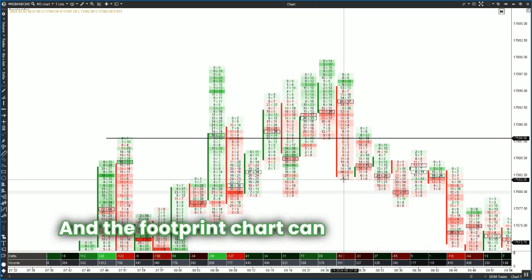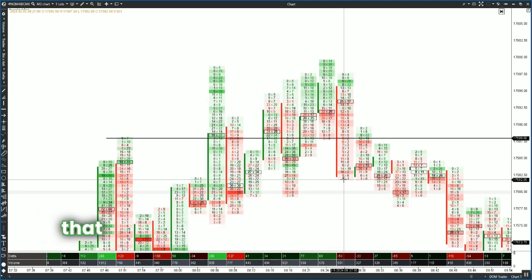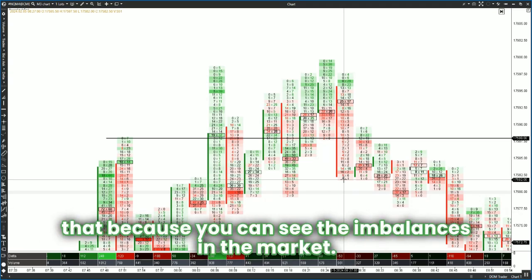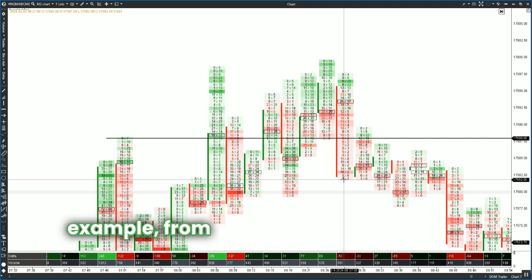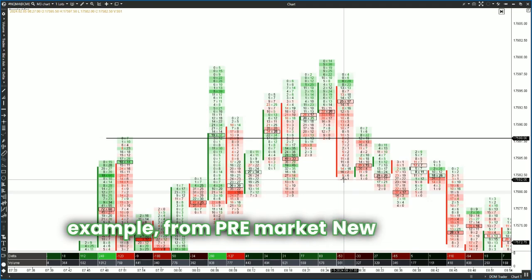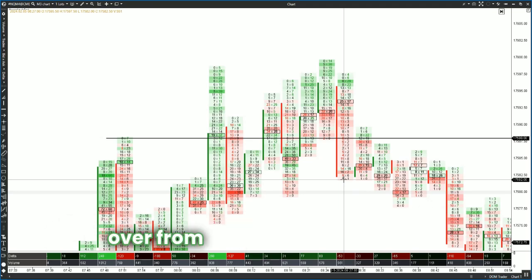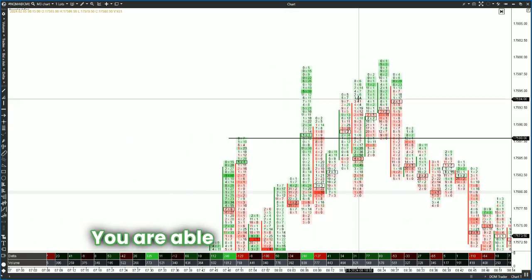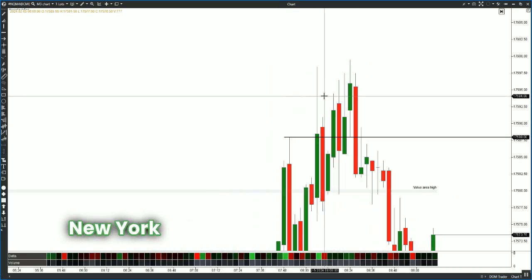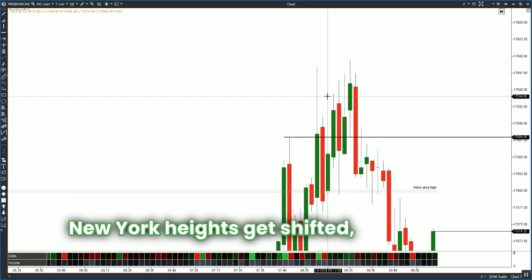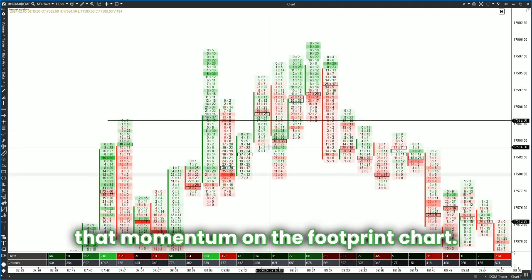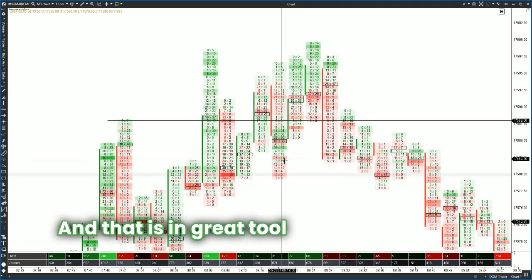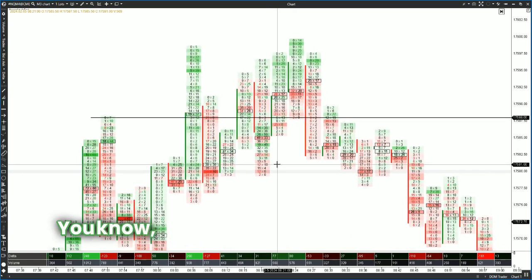And the footprint chart can give you real depth in that, because you can see the imbalances in the market. You can see the rollovers, for example, from pre-market New York, the rollover from London into New York. You are able to see how those Asian and New York highs get shifted, rolled over into that momentum on the footprint chart. And that is a great tool about trading with Atas.